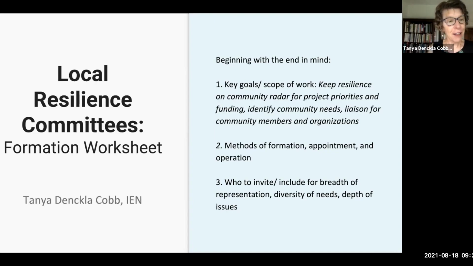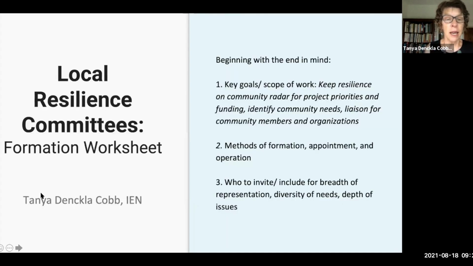One of the other things that we found a need for, a common theme throughout the Northern Neck localities that we've been working with, is let's create a priority to create an ongoing resilience committee.